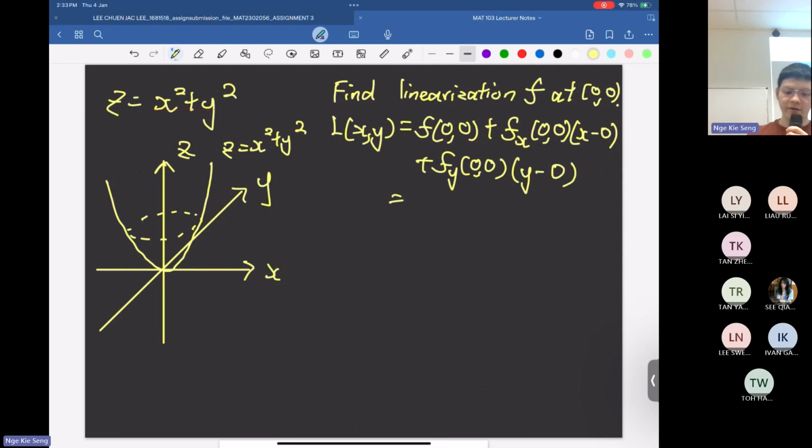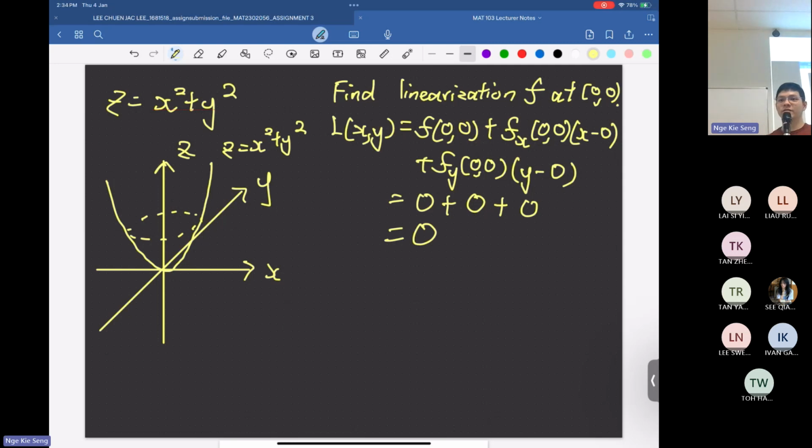What is this? f(0,0) is 0. fx(0,0), 2x at 0, so it's also 0. fy(0,0) is the same, 0.